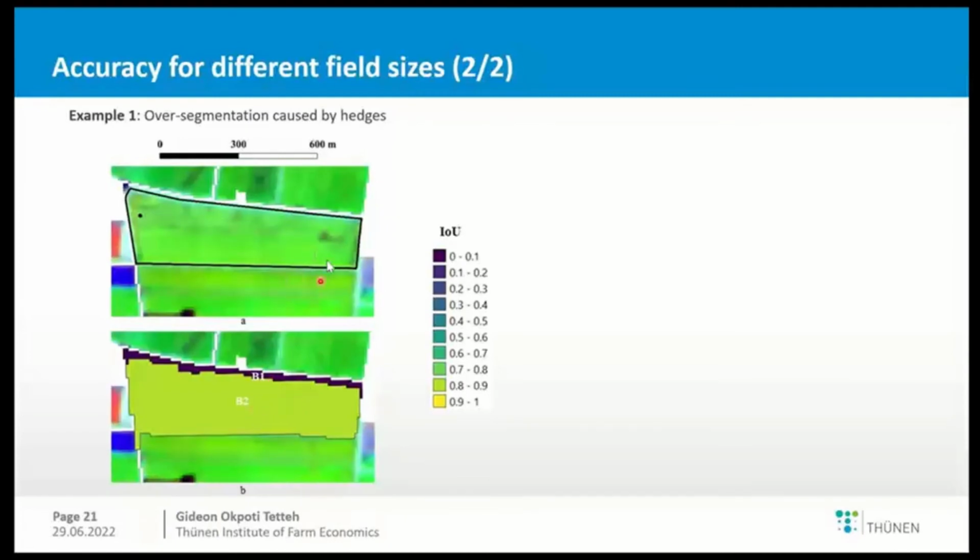This is because in this particular field the farmer has allocated some area as hedges. Within the CAP framework, if farmers want to access the greening payments, for example, and they have more than 15 hectares of land, they must dedicate at least 5% to ecological focus areas. This is the case for this particular farmer, and so this is the reason why the accuracy is low for this field, because two different segments were created instead of one.